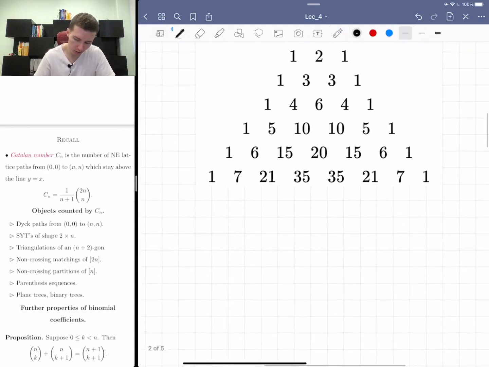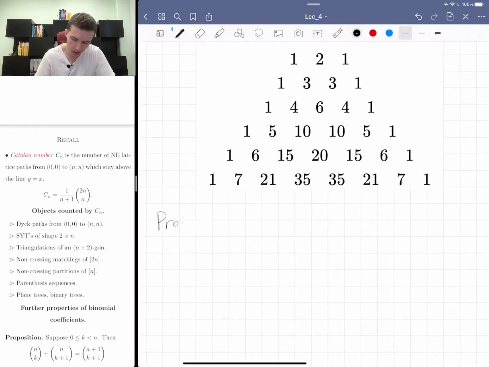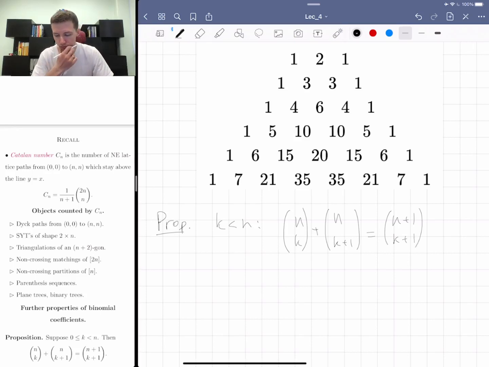In proposition form, that becomes: n choose k plus n choose k plus 1 is equal to n plus 1 choose k plus 1. This only works for k strictly less than n.